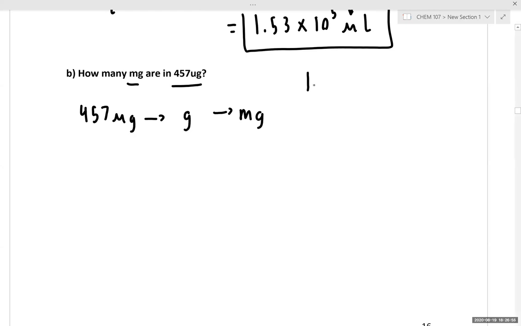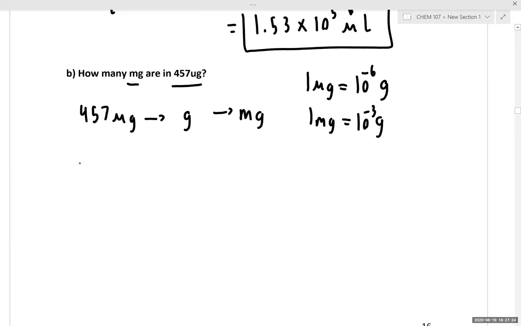We also know that 1 microgram corresponds to how many grams? 10 to the negative 6th, perfect. And 1 milligram corresponds to how many grams? 10 to the negative 3rd, perfect.